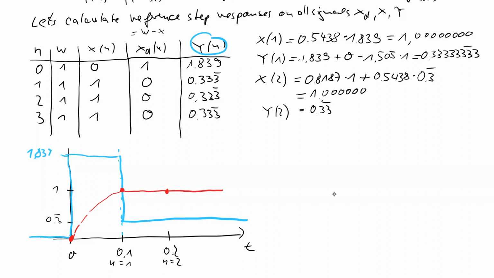So the miracle behind the deadbeat controller is really that in one step, in a first order process, one step is the settling time. After exactly 100 milliseconds, the final value is reached and without any overshoot or undershoot, then held constant. So this is the fastest possible way to shift the process output from 0 to 1. And this is exactly that value which is used to do this.